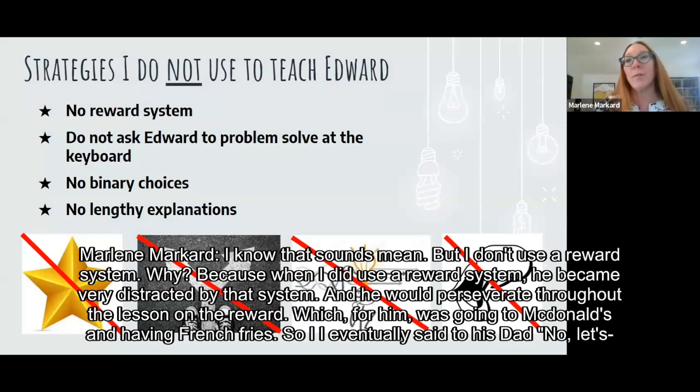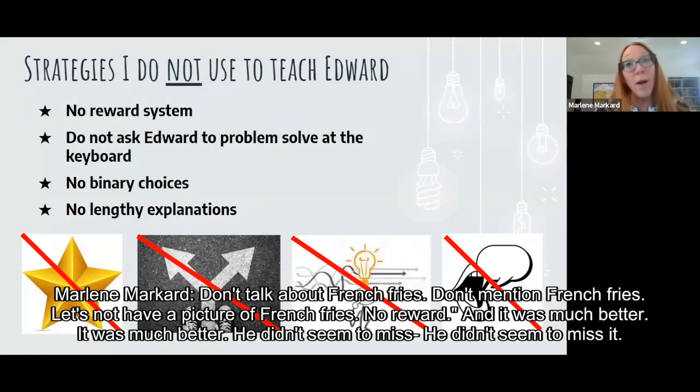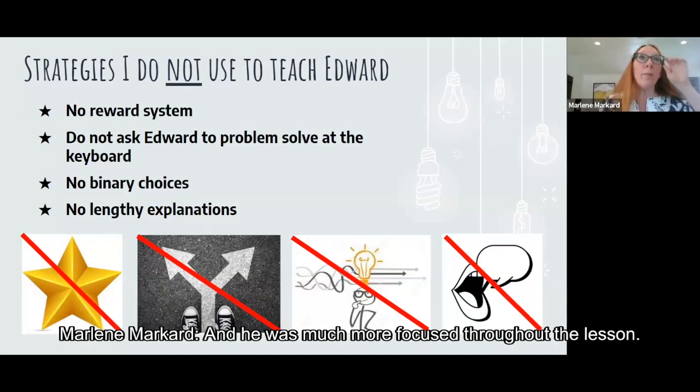So I eventually said to his dad, no, don't talk about French fries. Don't mention French fries. Let's not have a picture of French fries. No reward. And it was much better. It was much better. He didn't seem to miss it. And he was much more focused throughout the lesson.